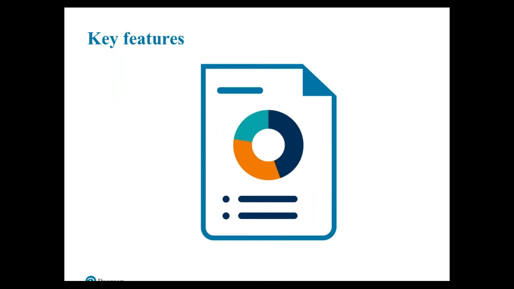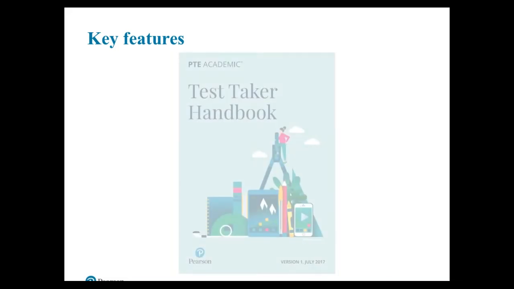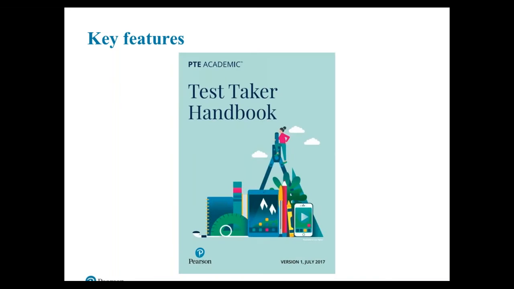After taking the test, test takers will be notified by email when the scores are available, normally within 5 business days from test date. Test results will be presented in a score report and valid for up to 2 years. For further information, please refer your students to the Test Taker Handbook available at pearsonpte.com.